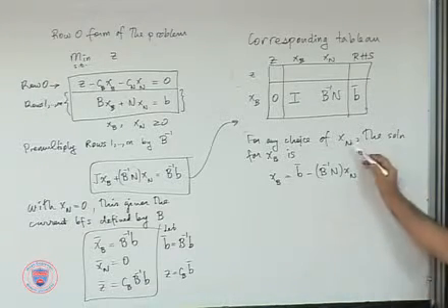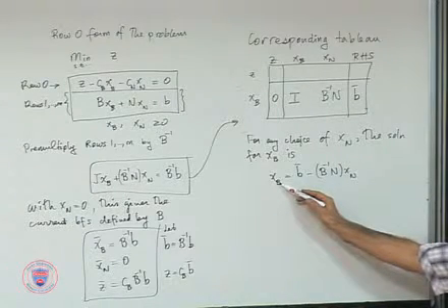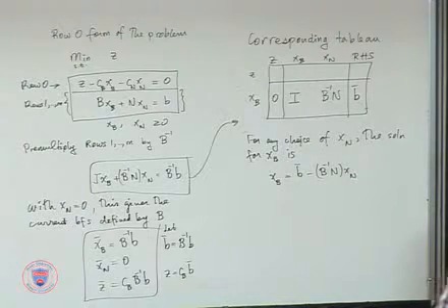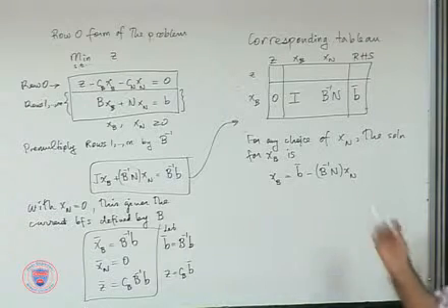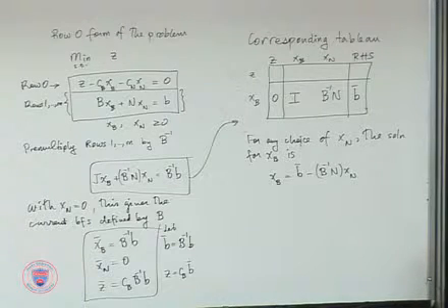So, as long as I fix xn, I am always able to choose xb according to this equation, so that all my equality constraints are satisfied. What is it that may be violated? It's the non-negativity that may get violated.